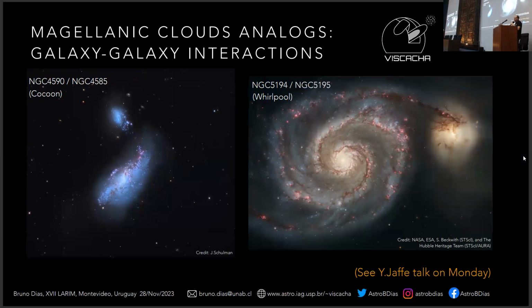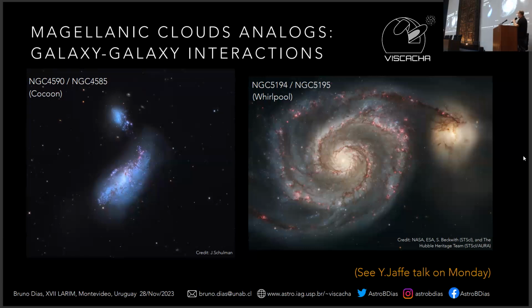And here we are talking about the Magellanic Clouds, but okay, there are two galaxies, what do they tell about galaxy interactions, evolution, and so on? There are many galaxy interactions, and Yara showed a lot of examples, and some of them are listed as possible Magellanic Clouds analogs, pairs of galaxies.